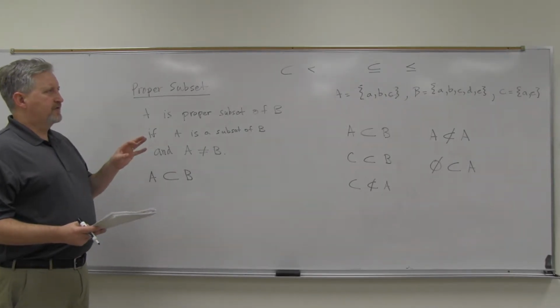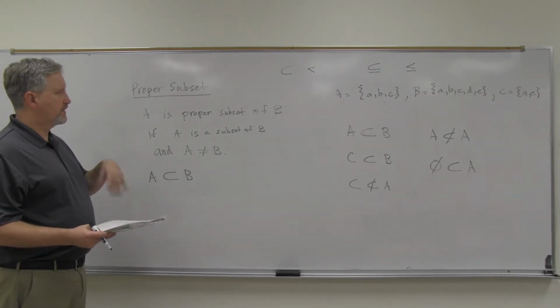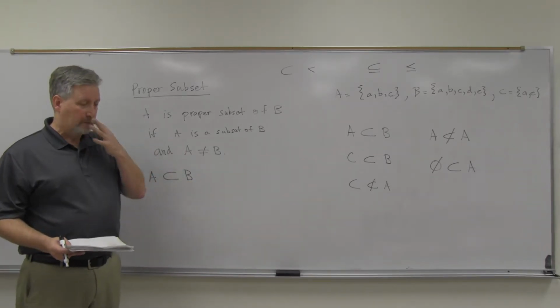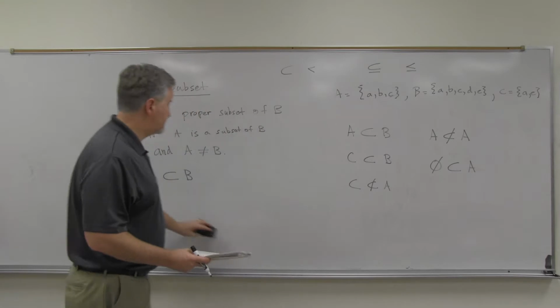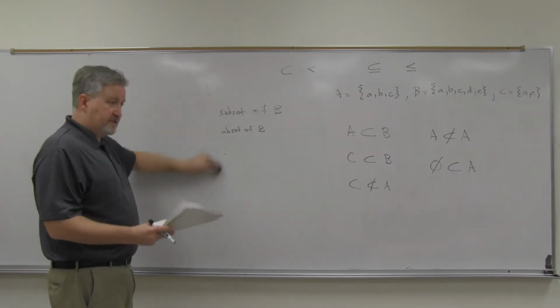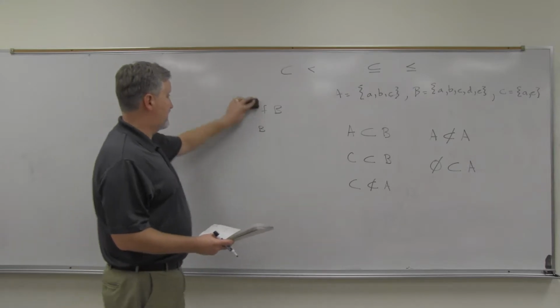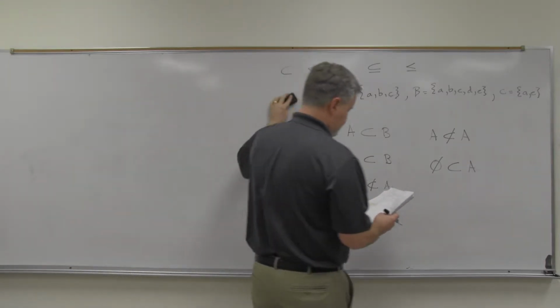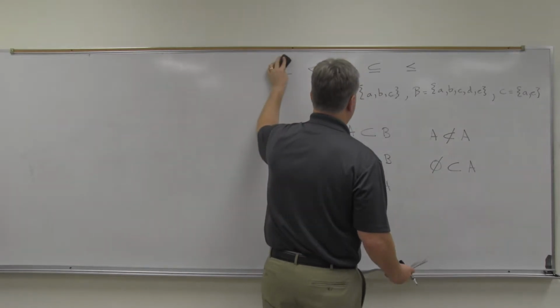Now, let's think about, let's just take a set and think about all the different subsets a set could have, to think about how many subsets a set has. It's got a bunch actually, usually. So let's talk about the number of subsets a set has.